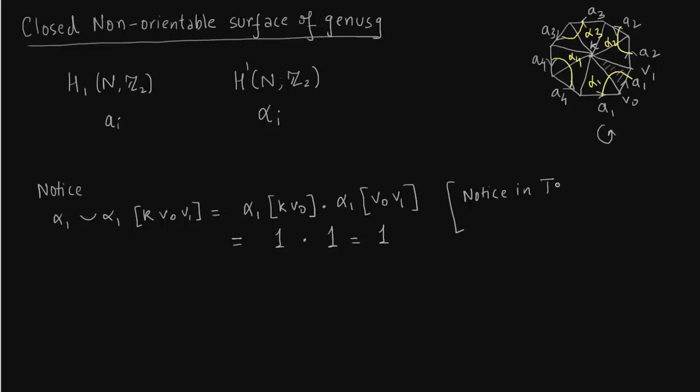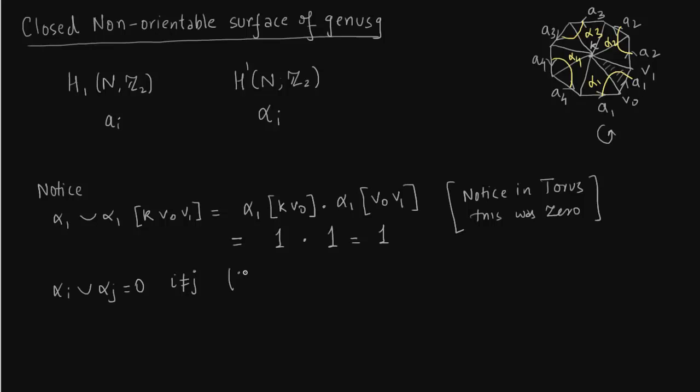Now if it was a two-hole torus, this alpha 1 would not land in adjacent cells. As a result, whatever cell you pick, you take alpha 1 cup with alpha 1, take the orientation of that cell into account and apply this, you will always get 0.